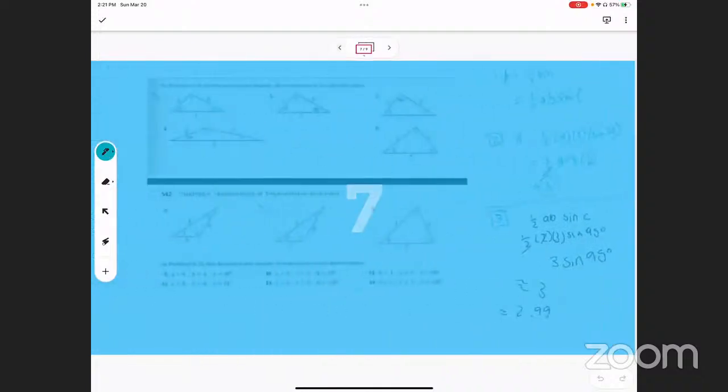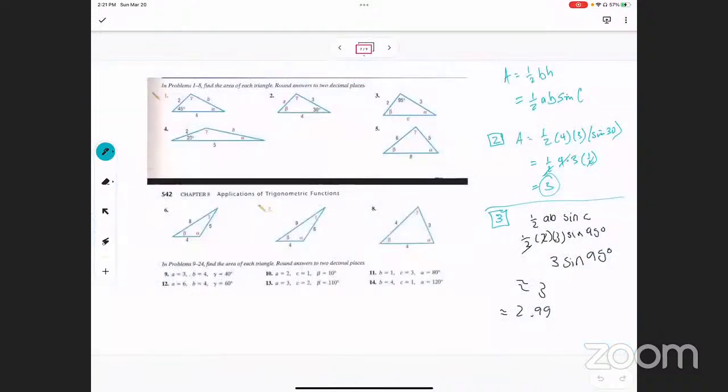And again, I'm going back to page 7. I want you to do the ones that I'm circling, number 1 and number 7, and you can check your answers. What do they want you to do here for number 7? Do they want you to find the area with that?